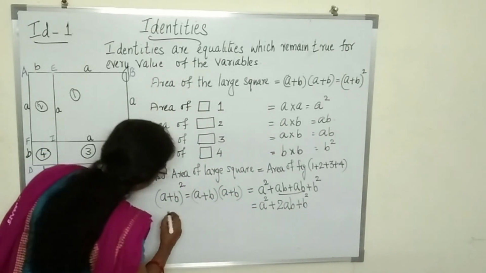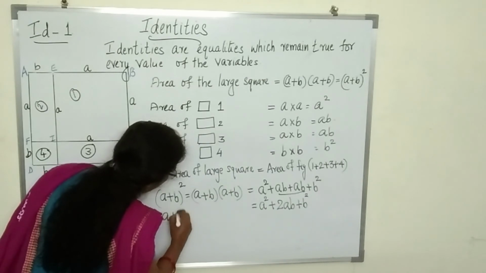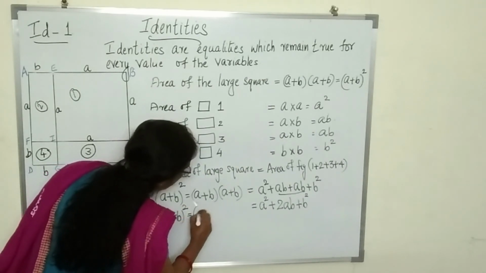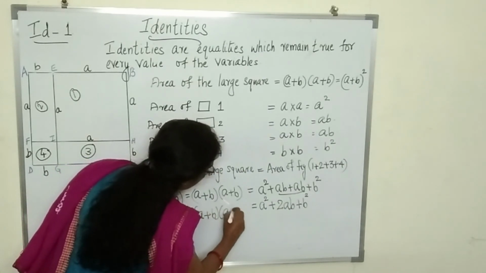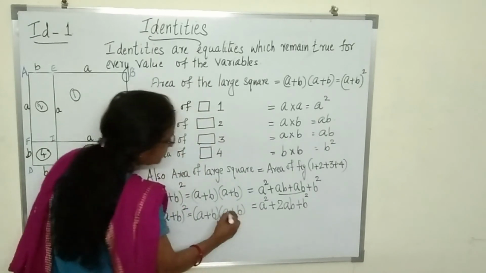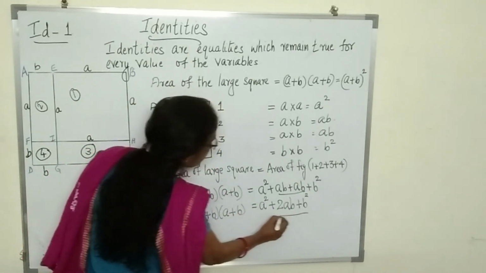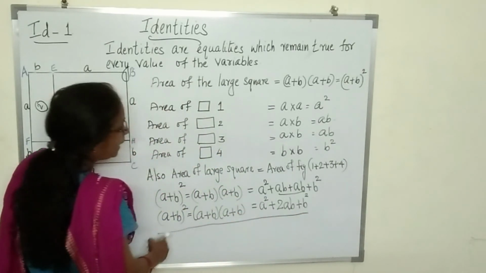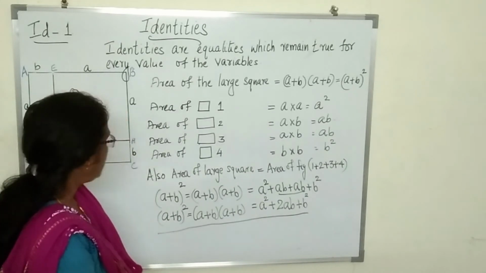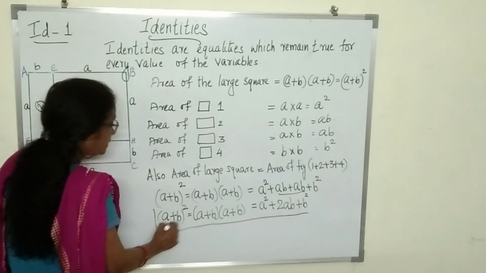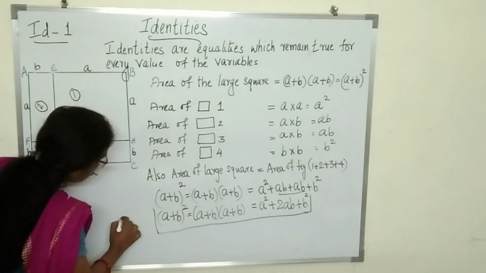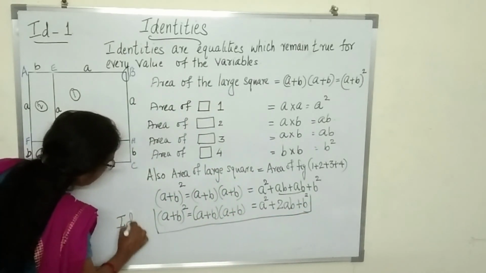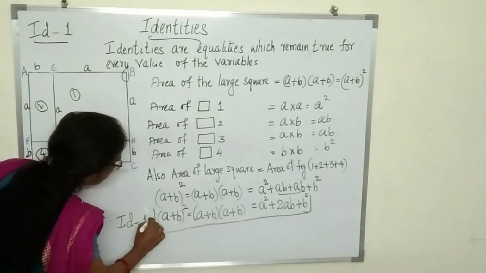That is, A plus B whole square is equal to A plus B into A plus B, which is equal to A square plus 2AB plus B square. And this is the first identity. This is identity number 1.